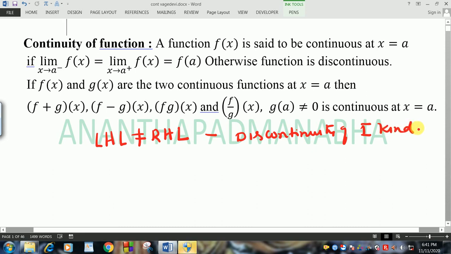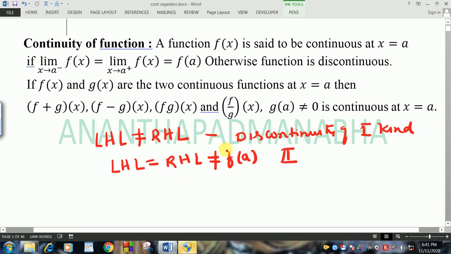There is another type of discontinuity, which is removable discontinuity. That is, the left hand limit and right hand limit both exist and are equal, but not equal to f(a). That is, the left hand limit is equal to the right hand limit, but this is not equal to f(a).